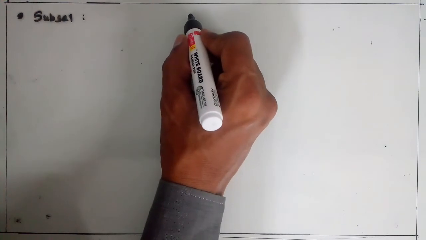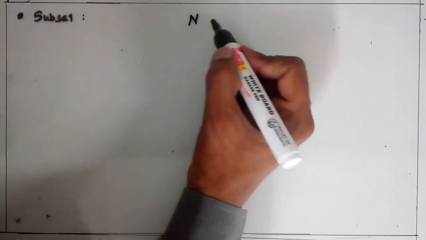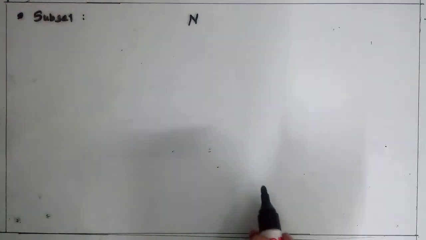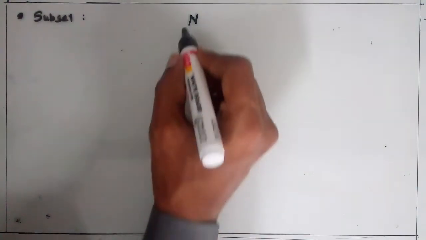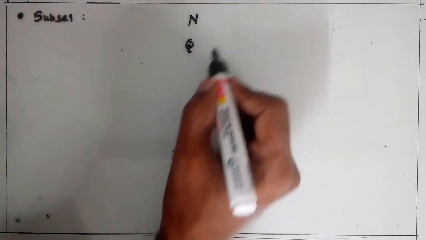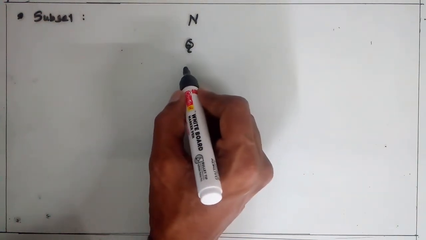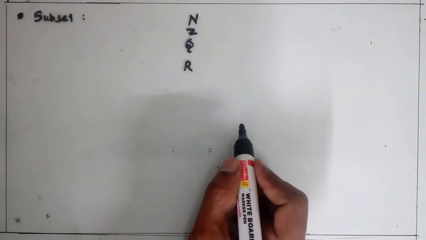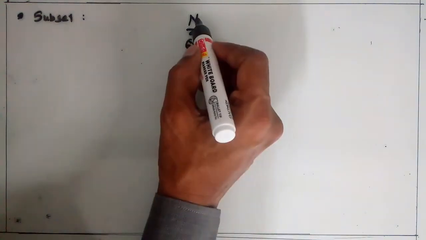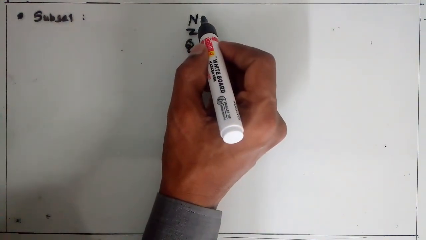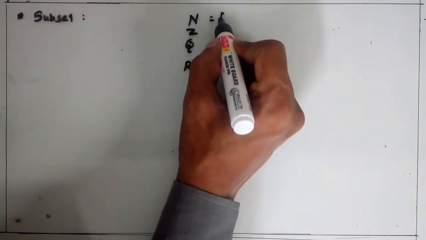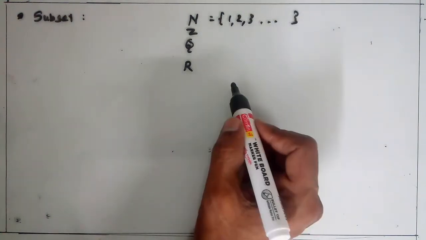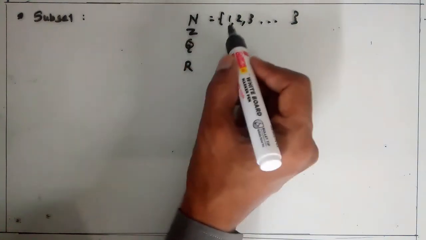Remember this: N, Q, Z, R. N is a set of all natural numbers like 1, 2, 3 up to infinity, the set of natural numbers.